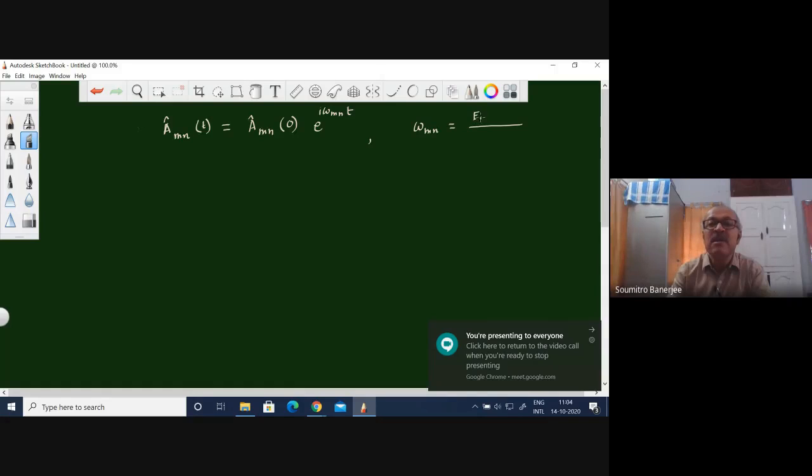So E m minus E n by h cross, right? So the terms in this matrix will be time varying, and this is obtained simply by obtaining the time non-varying terms at time t equal to 0, and each term, depending on the location of each matrix element, the mnth matrix element will have a different value here.